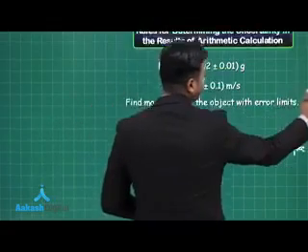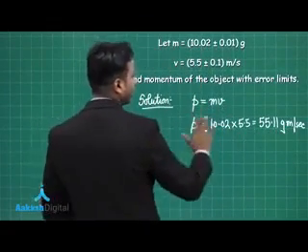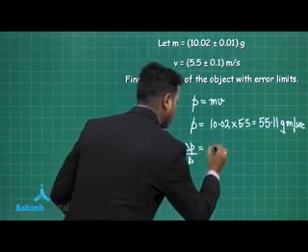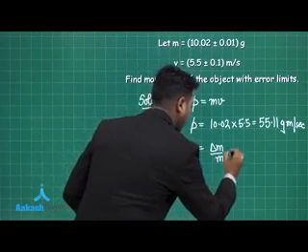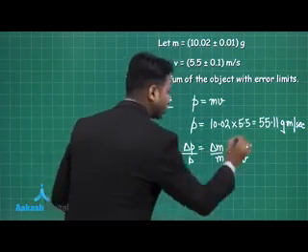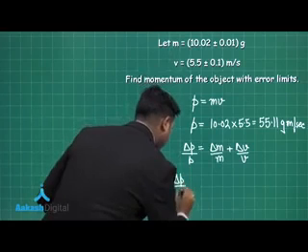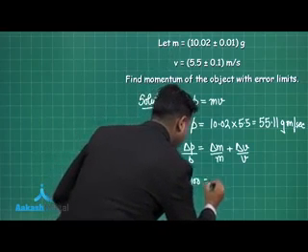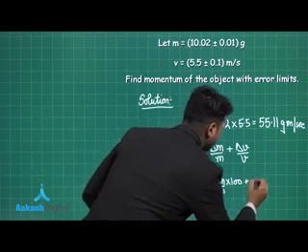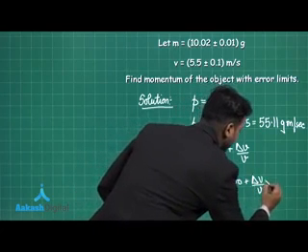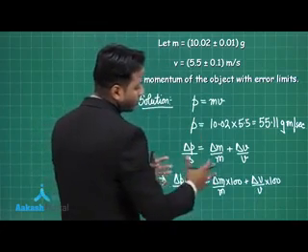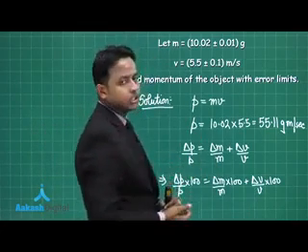Now if I want to write down an error equation for this, then delta P by P should be equal to delta M by M plus delta V by V. And if I multiply 100 on both sides, delta P by P into 100 is equal to delta M by M into 100 plus delta V by V into 100. So the percentage change in momentum is equal to the percentage change in mass plus the percentage change in velocity.